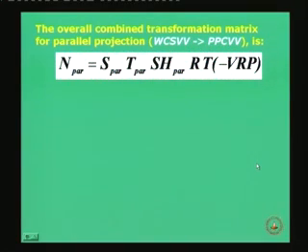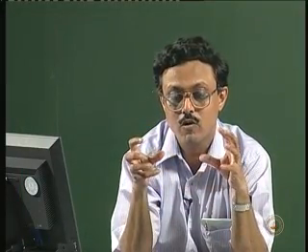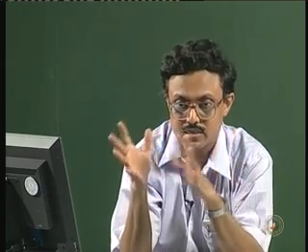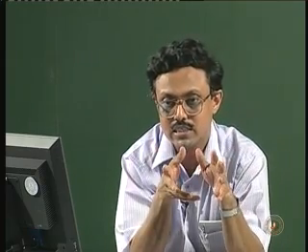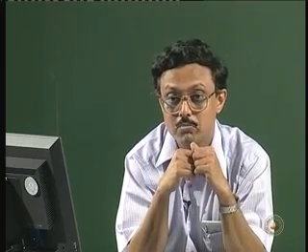Well, so we are discussing this stage of the overall combined transformation, and there are two stages left. One is scale and another is translation, and I leave it as an exercise for you. These last two stages of translation and scale are required because the view volume has been transformed after rotation, translation and shear, but it has to be shrunk to the canonical view volume defined by the 6 planes in parallel projection.